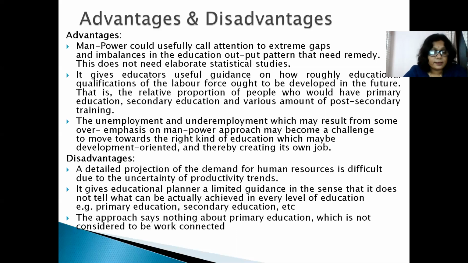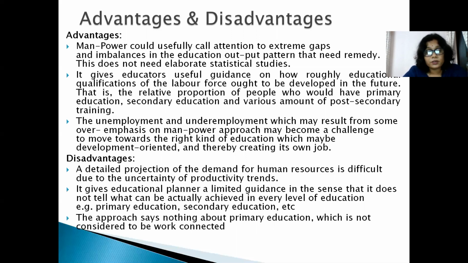And these are the demerits. A detailed projection of the demand for human resources is difficult due to the uncertainty of productivity trends. It gives the educational planner limited guidance in the sense that it does not tell what can actually be achieved at every level of education.